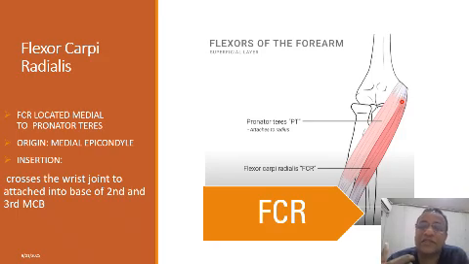This muscle, unlike the pronator teres, crosses the wrist joint.